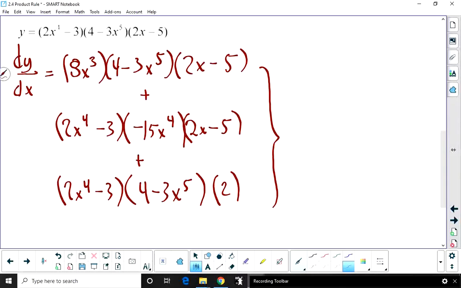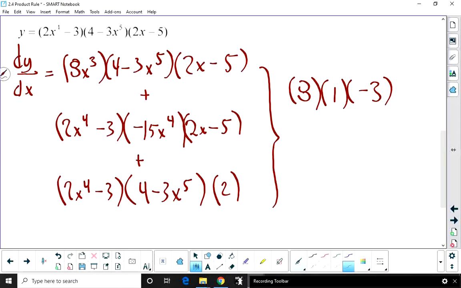So I put 1 in, and I get 8 times 1 times negative 3. This is what I'm getting at the top here. 8 times 1 cubed is 8. And I chose 1 because I don't want to waste a bunch of time doing a lot of calculations. When I put 1 in here, I get 4 minus 3, which is 1. When I put in 1 in here, I get 2 minus 5, which is negative 3.